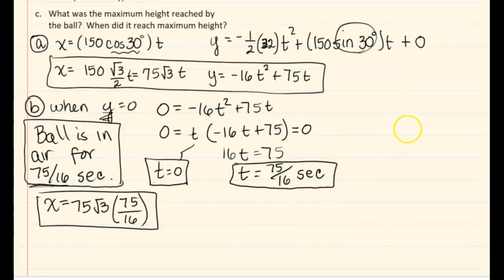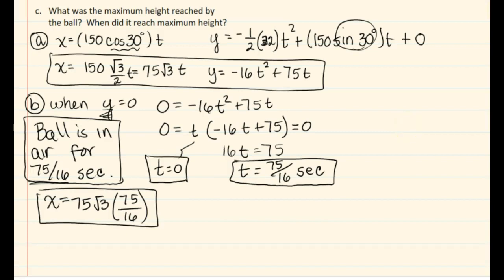So let's go to part C. What was the maximum height that the ball reached? What we do know is we're looking for its maximum height, so that's going to be where y is equal to its maximum. Our golf ball is going through a parabolic path.